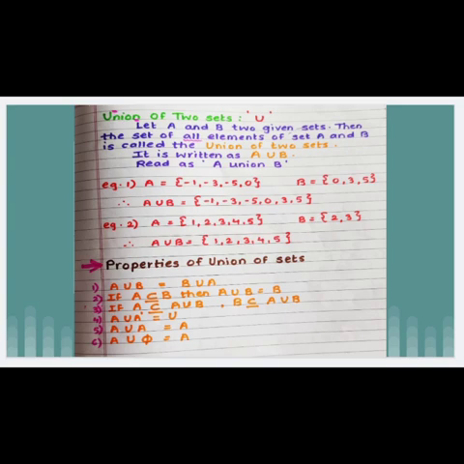First one, A union B is B union A. Second, if A is a subset of B, then A union B is equal to B. Third, if A is a subset of A union B, then B is a subset of A union B. Fourth, A union complement of A is the universal set, that is capital U. Fifth one, A union A is always set A. Sixth one, A union empty set, that means phi, is always set A. Okay.